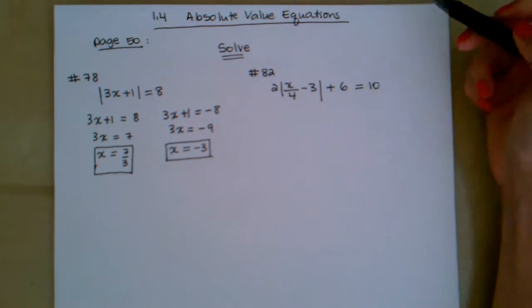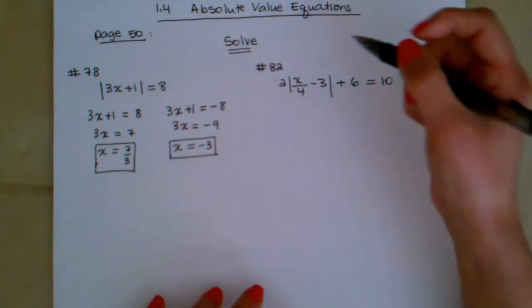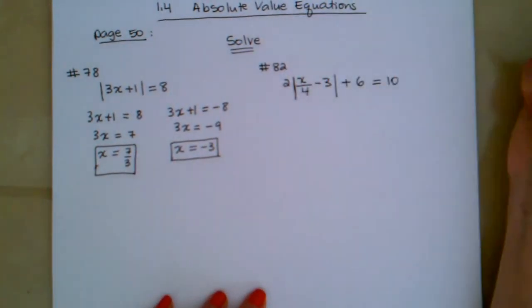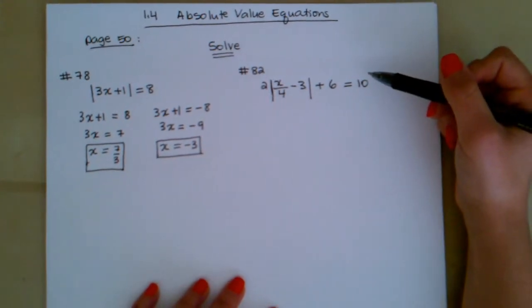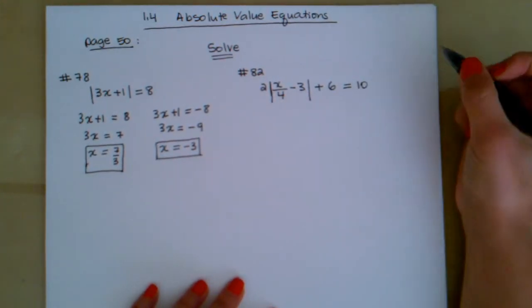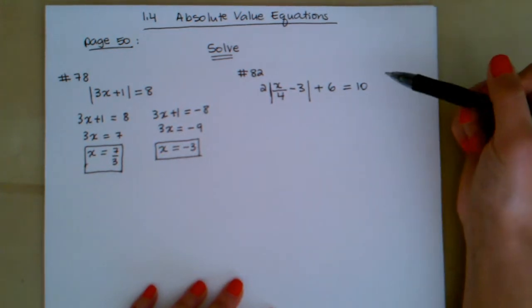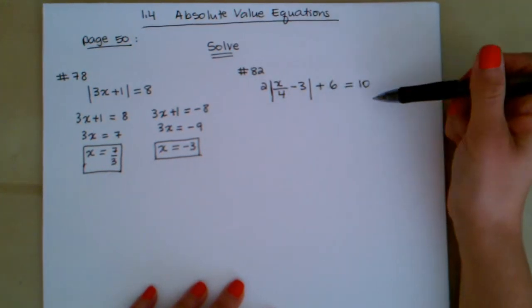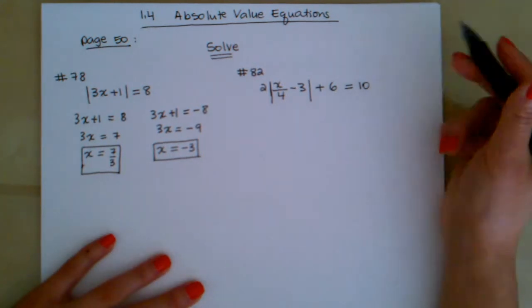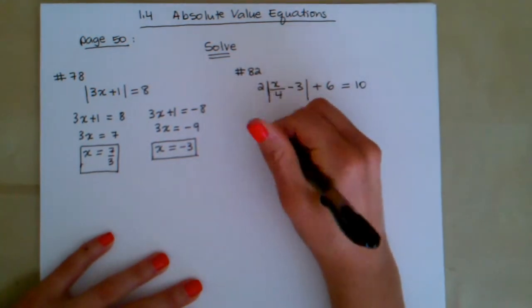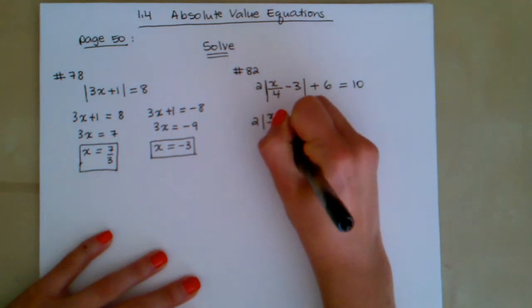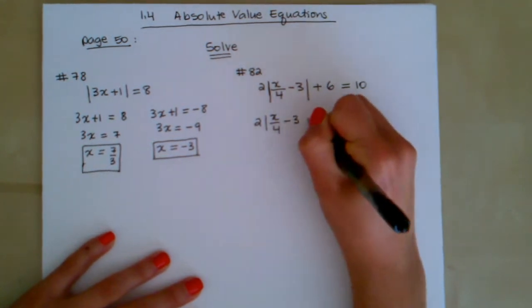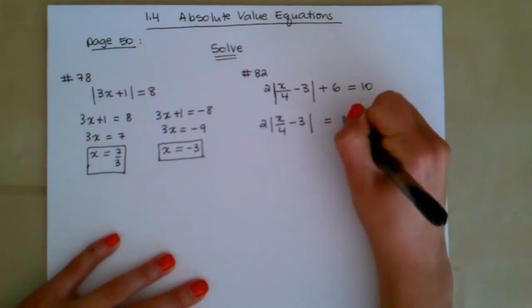Second equation, notice that the absolute value is not isolated. And so what we need to do is isolate the absolute value first, and then we're going to break this up into two equations. First step, subtract 6 from both sides. We get 2 times the absolute value of x over 4 minus 3 equals 4.